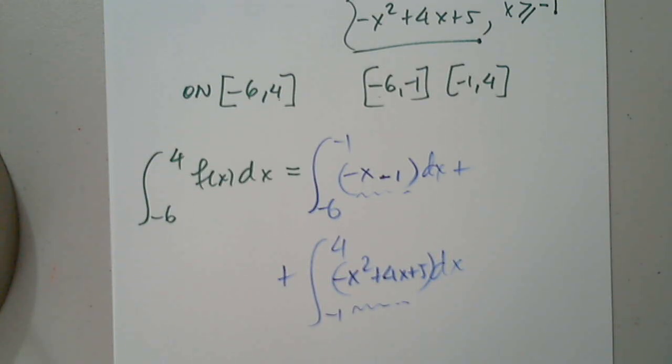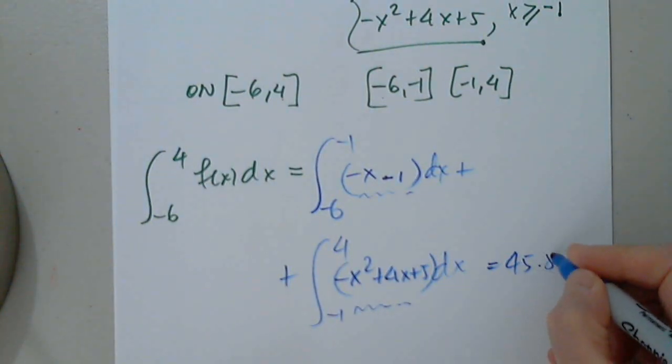And then plus the integral from negative 1 to 4 of the other function, which is negative x squared plus 4x plus 5. And of course, don't forget the dx. You will not accept it without dx. And press enter. Done. So 45.83.